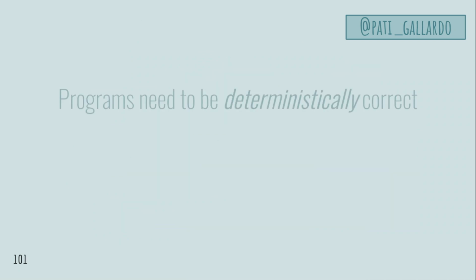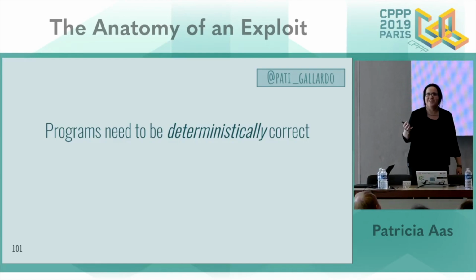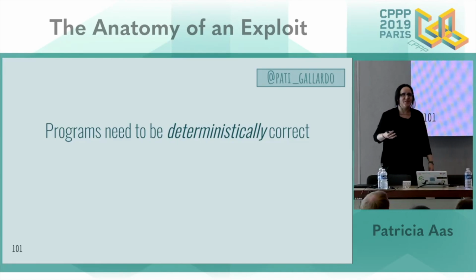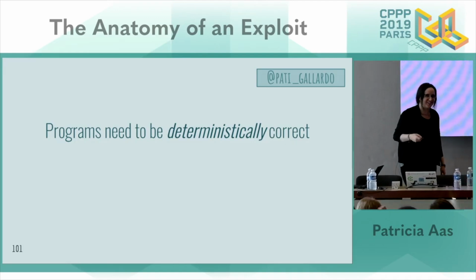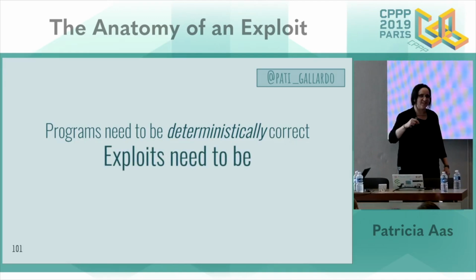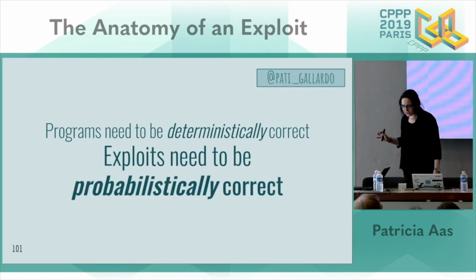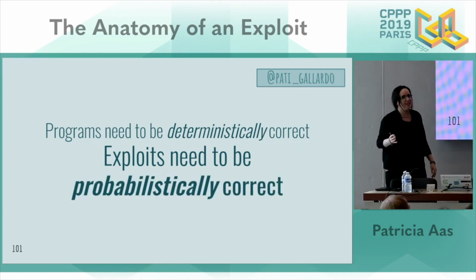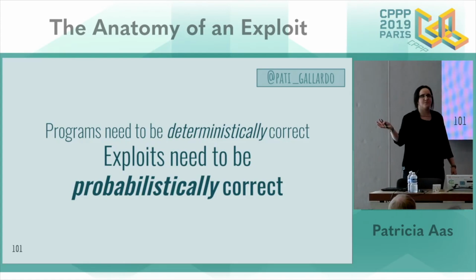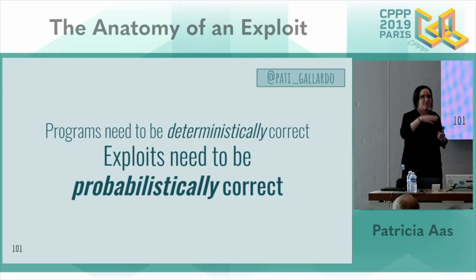So programs that we write need to be deterministically correct, or that's a goal. Generally, we want them to be deterministically correct. But exploits only need to be probabilistically correct. And so when you look at these competitions for exploit development, they will generally run their exploits thousands and thousands of times in a loop.